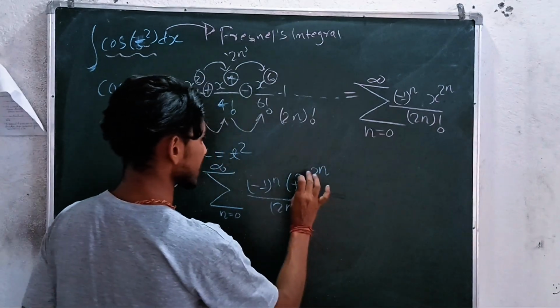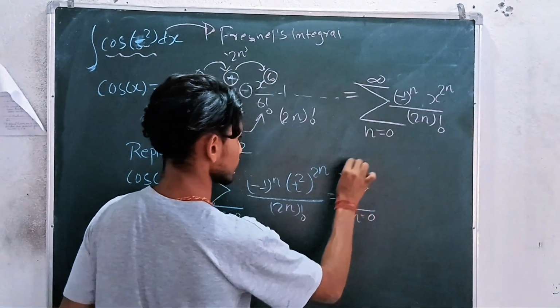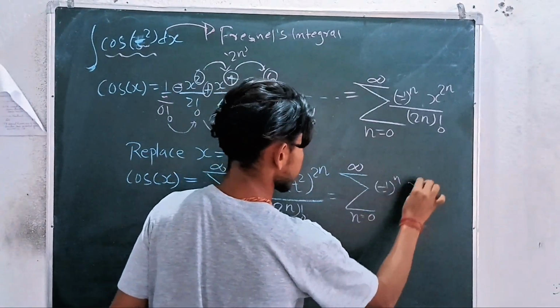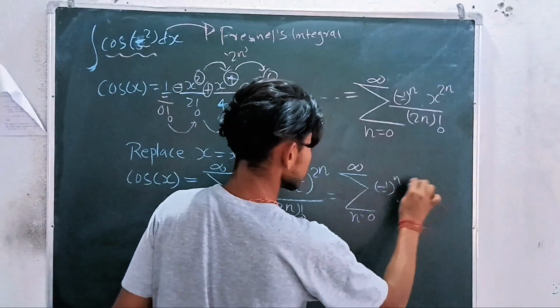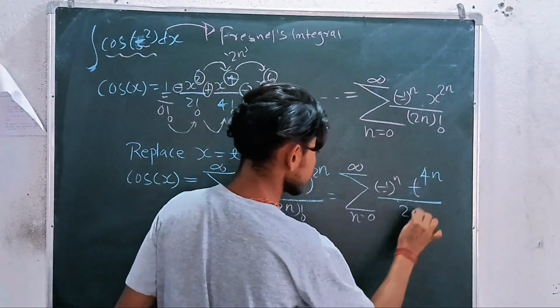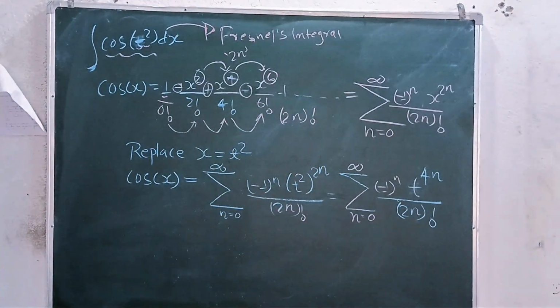In general, it can be written as the summation, n from 0 to infinity, of negative 1 raised to the power n times t raised to 4n divided by 2n factorial. So this is what we got finally.